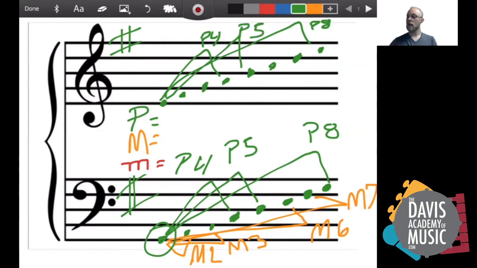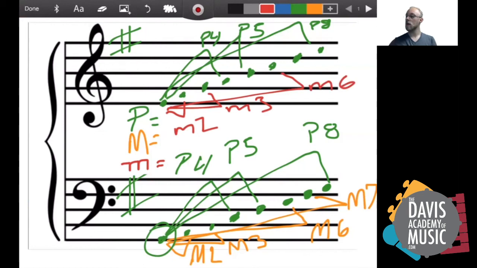Then if we look at the E to our F sharp, we're going to get our minor second. If we look at E to our G, we're going to get a minor third. And then if we look from E to this C, we're going to get our minor sixth.